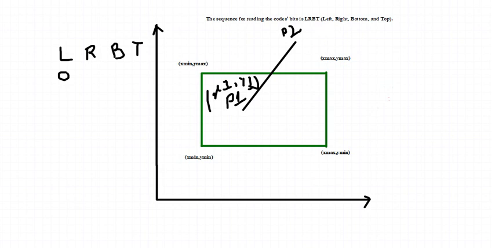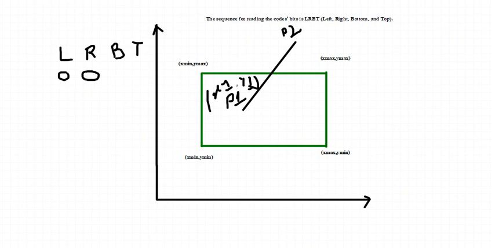But in our present example, it doesn't happen. x1 is to the left of x max. x1 is on the left half space with respect to x max. So you have to set R bit again to 0.